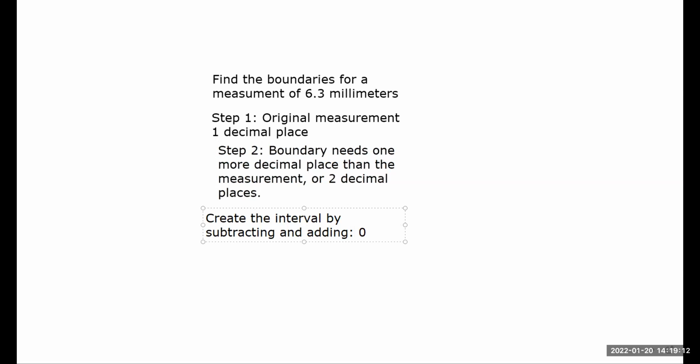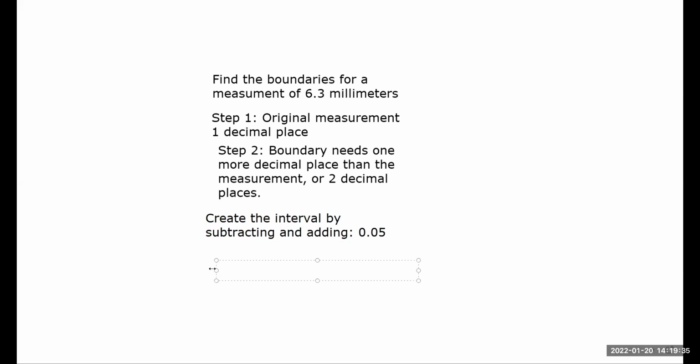So we're going to have 0 point, and then we're going to have a 0 there. And the last decimal place always has a 5 in it. So this is my second decimal place. It has a 5, and I put a 0 in for the other one. So we're going to subtract and add 0.05.